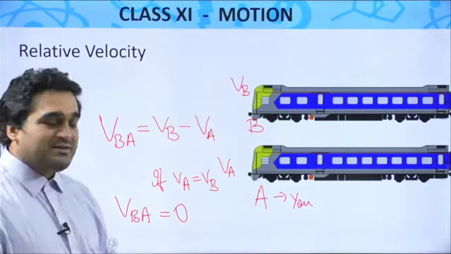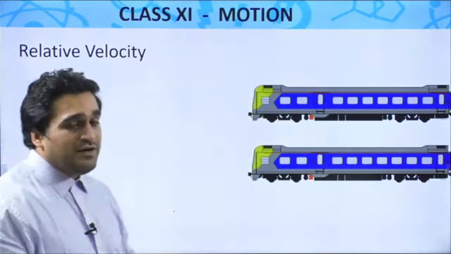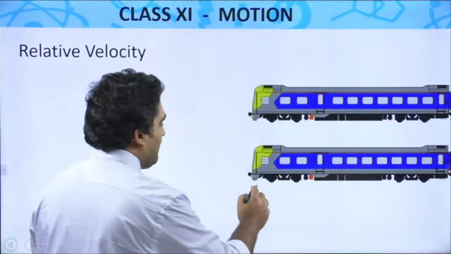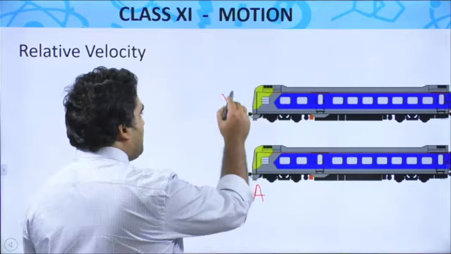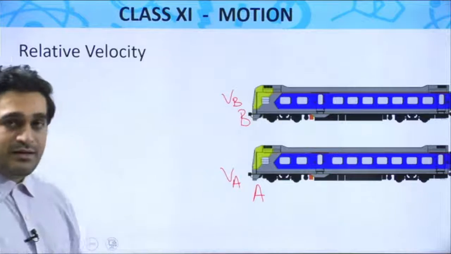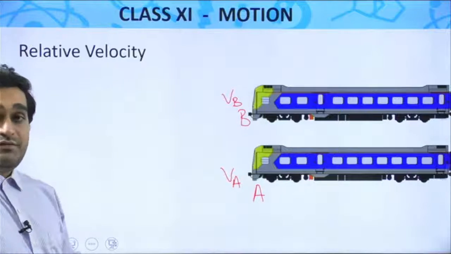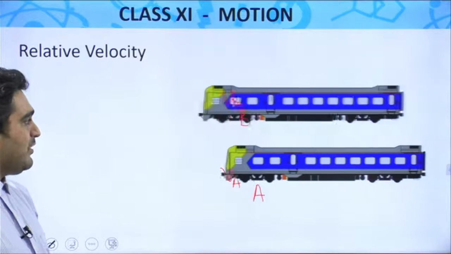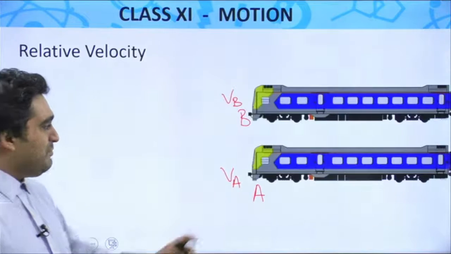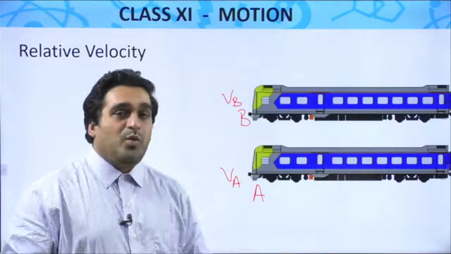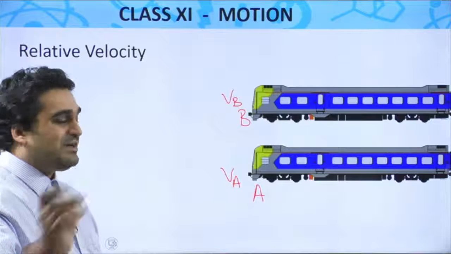Let's have a look at another example, but in this case, the two trains are moving at different velocities. Again, we have train A moving with a velocity VA, train B moving with a velocity VB. So you are making an observation from train A. From a perspective that is outside the train, we see train B is faster than train A. But for a person that is sitting inside the train, will it be moving at the same speed or the same velocity as for the person that is outside?